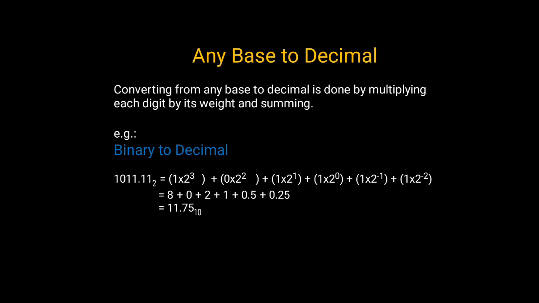You can continue with the summing. So 1 into 2 raised to minus 1 plus 1 into 2 raised to minus 2. So here the final answer is 11.75, and this is a decimal number, so you can put the base as 10.